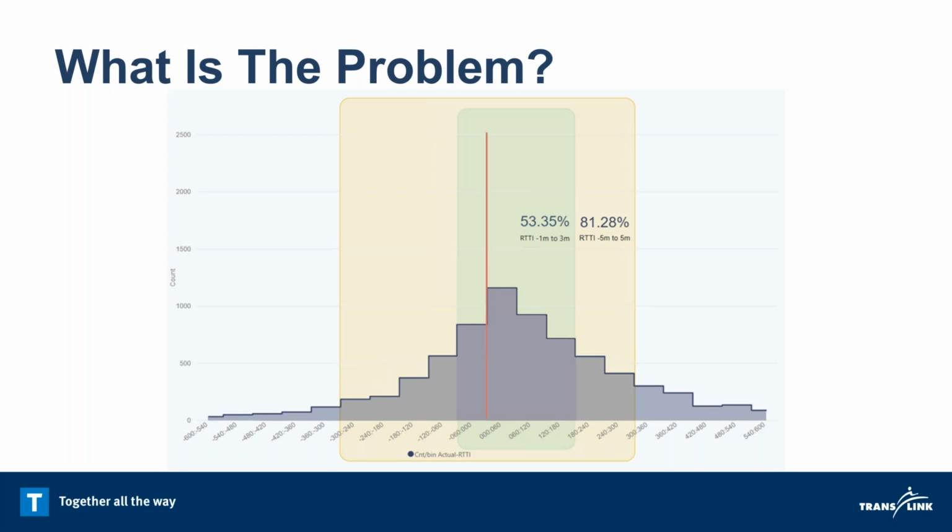Can you repeat that question? I'm not sure I totally understand either. Is the snapshot relative to actual arrival time or scheduled arrival time? This histogram right now? Yeah, so that red line is the actual.